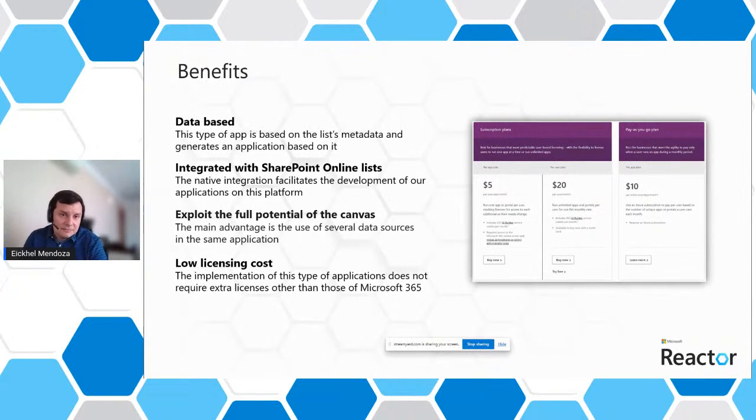And one thing that many people love is the low licensing cost, because to be able to have SharePoint, you already might have a Microsoft 365 license. So if you build Power Apps using SharePoint data, it is known as a standard connector, a standard solution in the Power Platform.